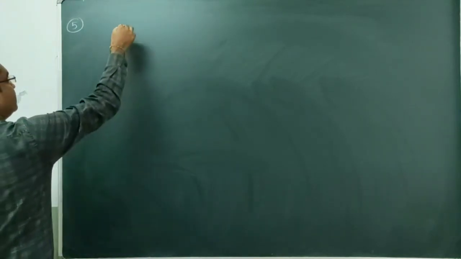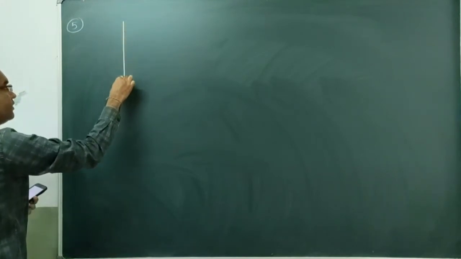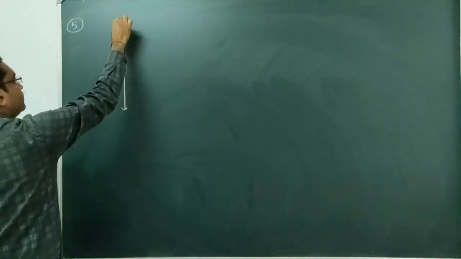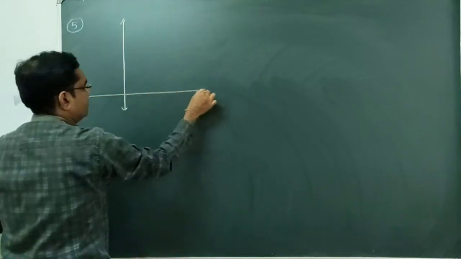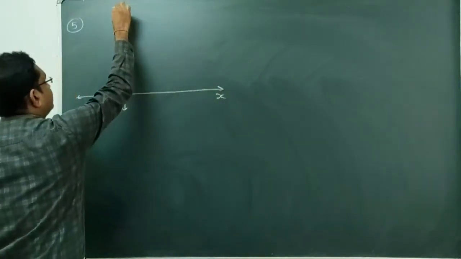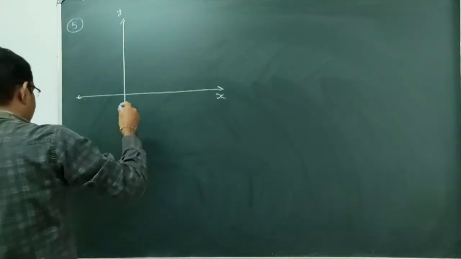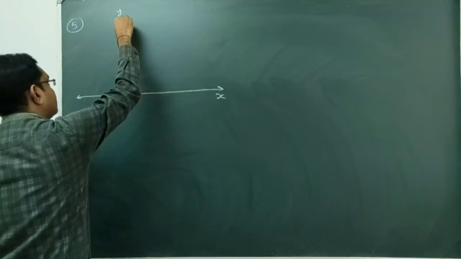So one rod is given and the end of that rod always touches the coordinate axis. So that diagram will be like this. These are the coordinate axis, x-axis and y-axis. Now one rod is given, and that is of length 12 centimeter.